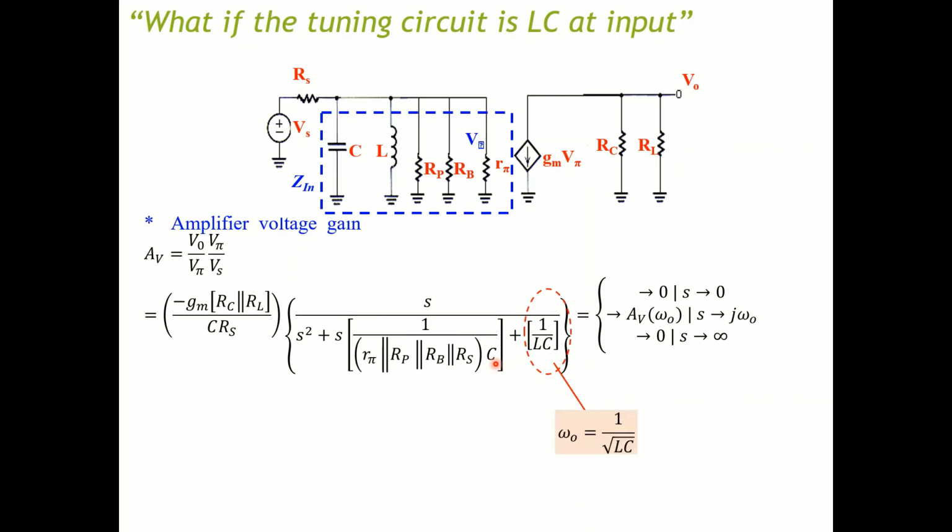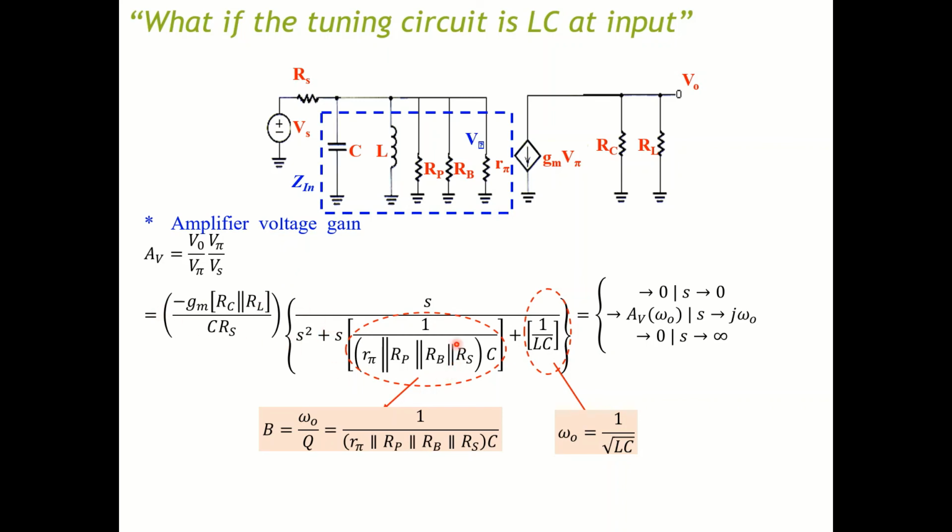Therefore, you can have omega naught equal to the square root of LC, exactly the same as the previous example, and your bandwidth is this whole group here. You can also plug in omega naught and consider what the gain is at omega naught.